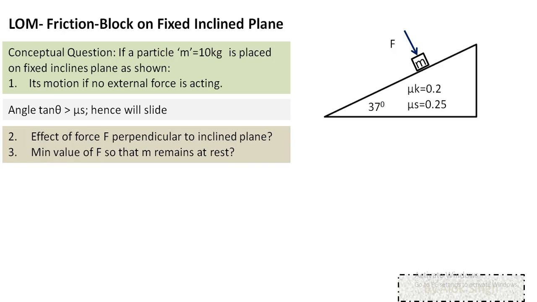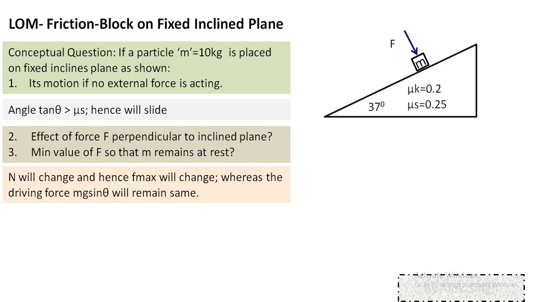What is the effect of force F perpendicular to the inclined plane? And what has to be the minimum value of F so that the block remains at rest? These are the two further questions we can ask. The moment you apply F perpendicular to the inclined plane, what is the effect?